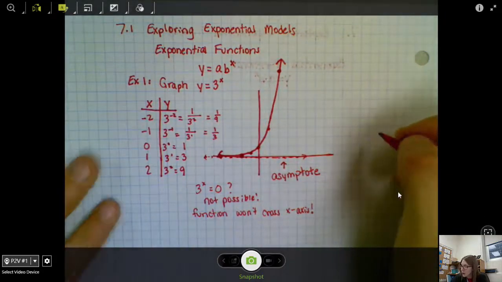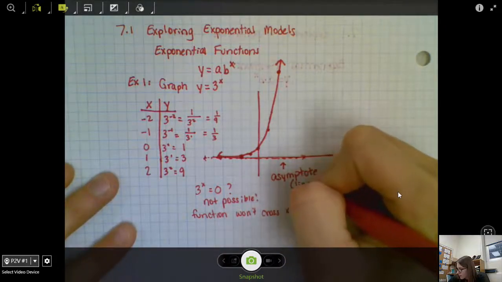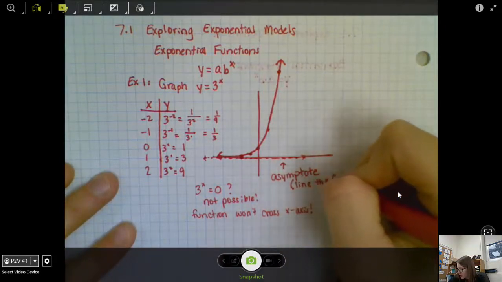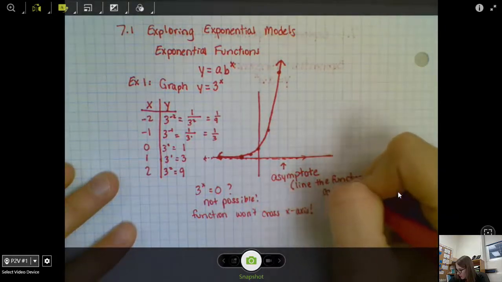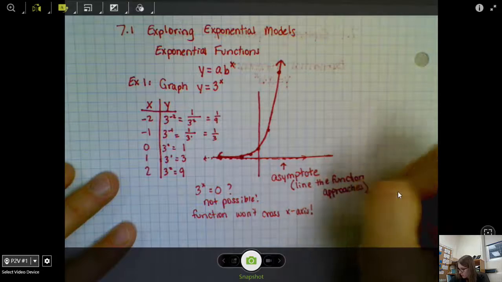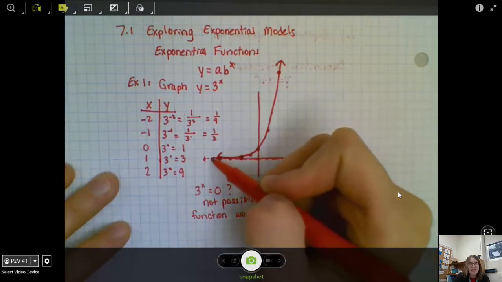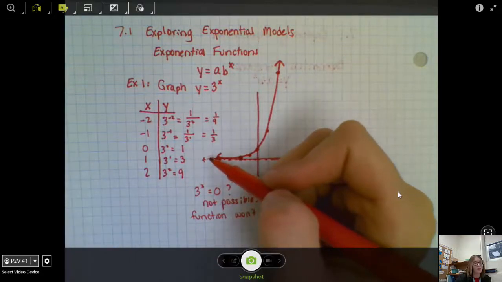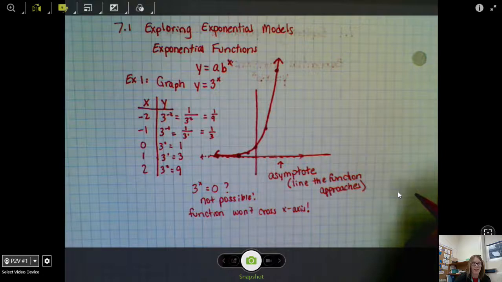An asymptote just means it's a line the function approaches. Again, our graph is getting closer and closer to this line, but it's never actually going to hit.